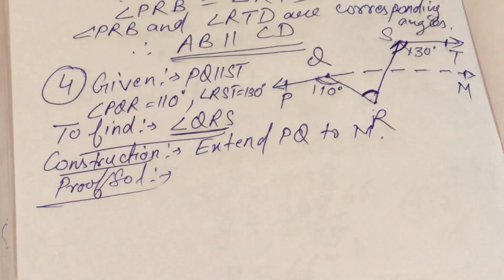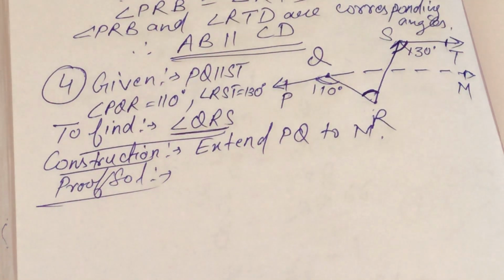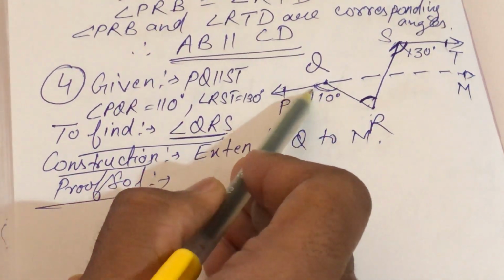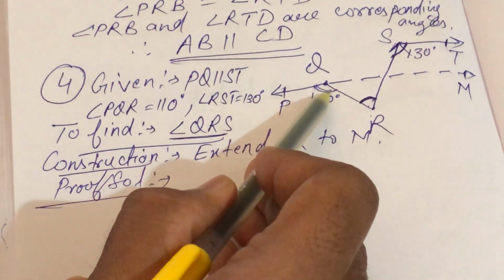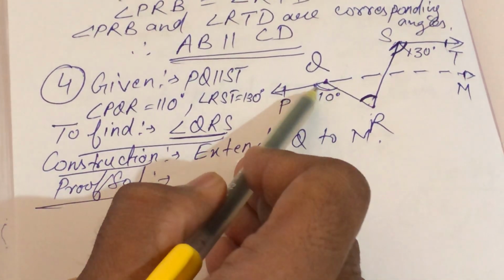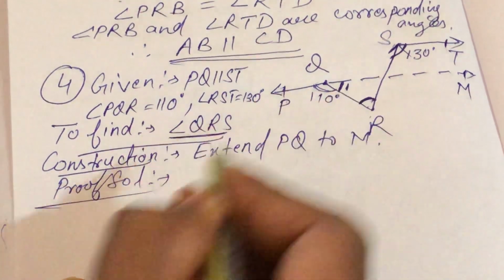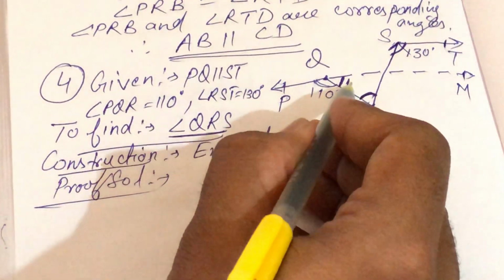See how we are going to find out. If this angle is 110 degree, so this one I'll take as angle 1. How much will our angle 1 be?